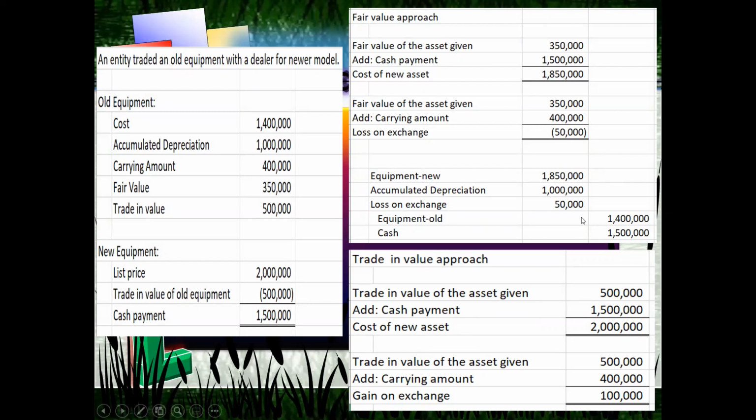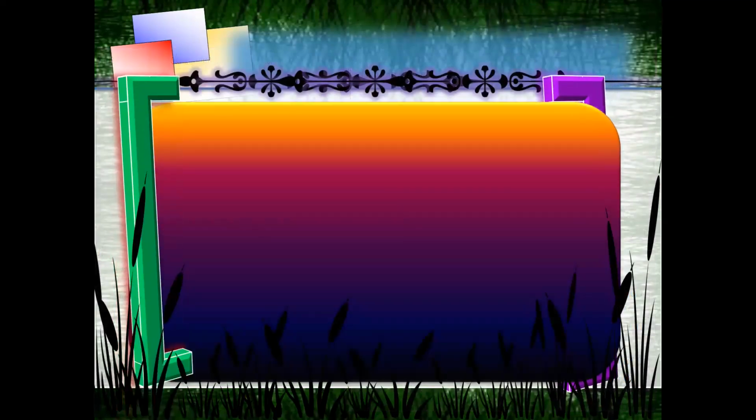So if you're going to tally that also has a total of 3 million, no? So kasi 2.9 plus 100,000. So that's 3 million din. So balance ang ating journal entry. So that's for the trade-in, no? Which is still part of exchange.